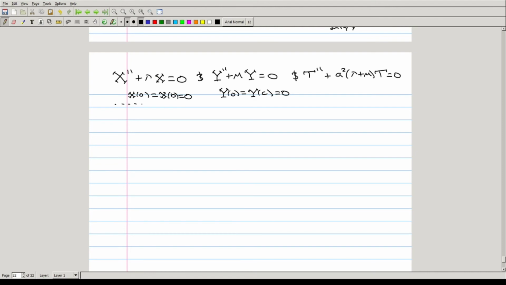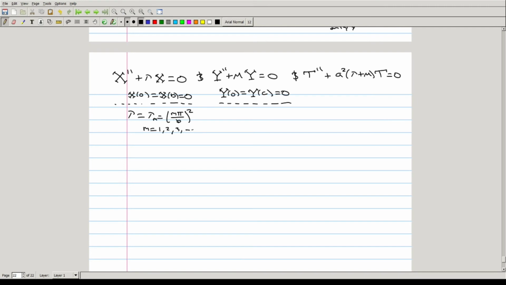And just like I did in the first heat equation problem, you can go through and show that the only non-trivial solutions to this problem are when lambda is equal to lambda m, which is (m pi over b) squared, for m from 1 to infinity.